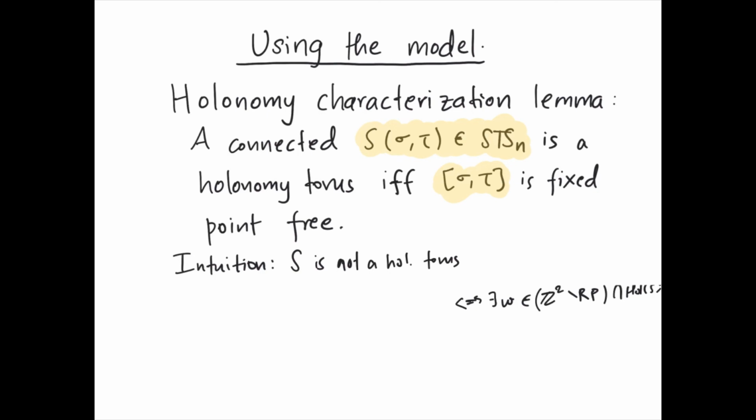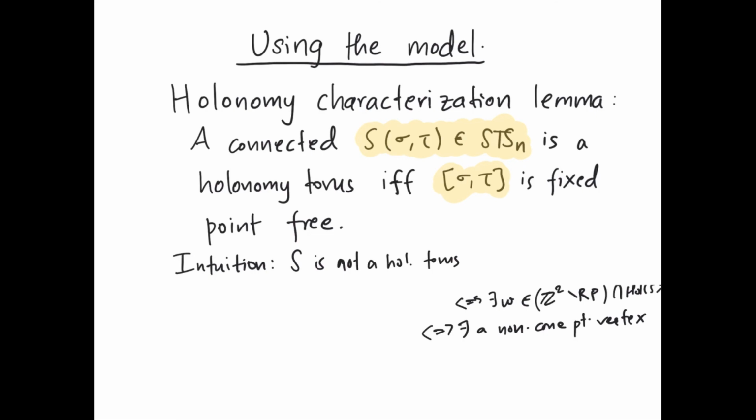And that happens if and only if there exists a non-cone point vertex, like the one we discussed earlier, in the saddle connection that realizes w as the holonomy vector.